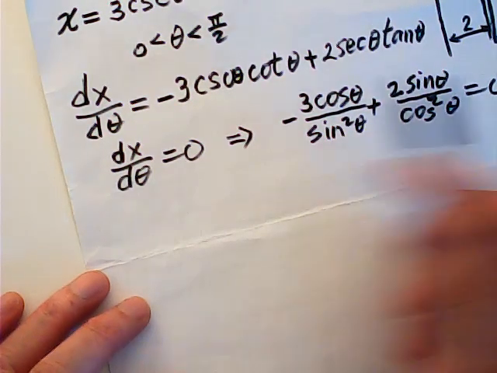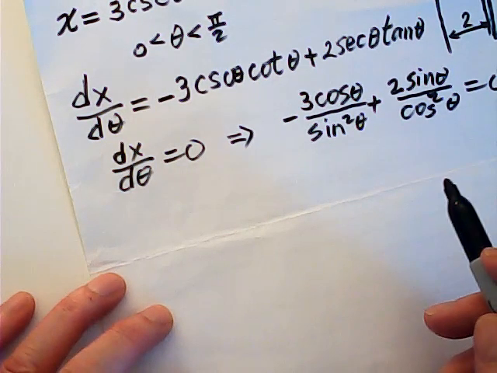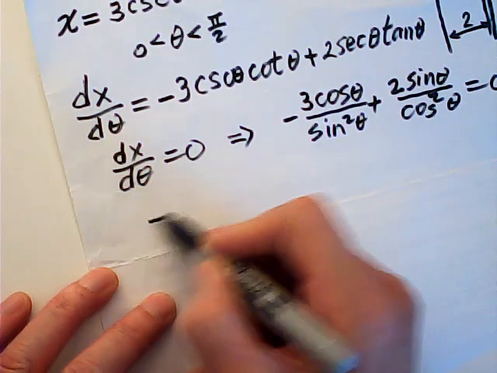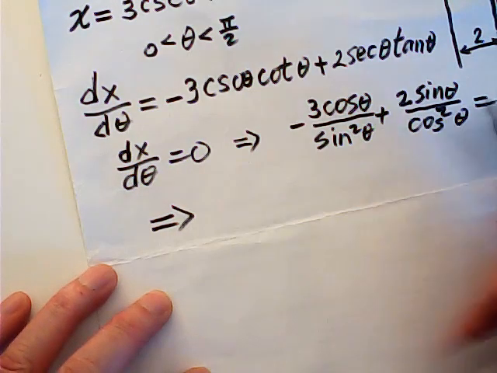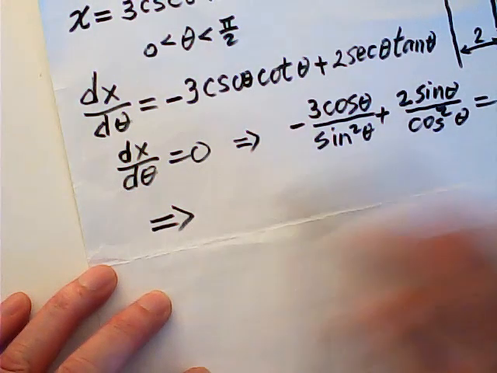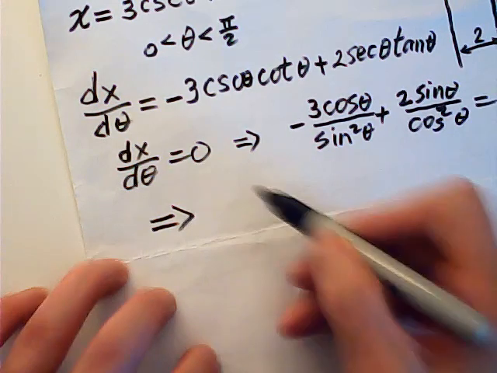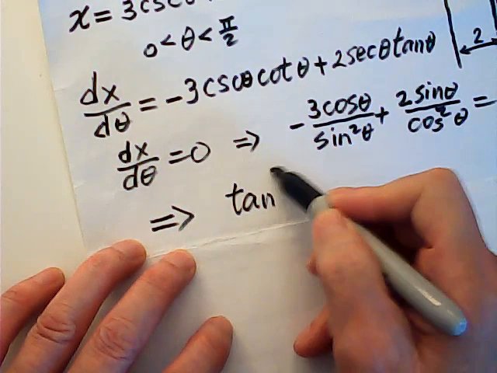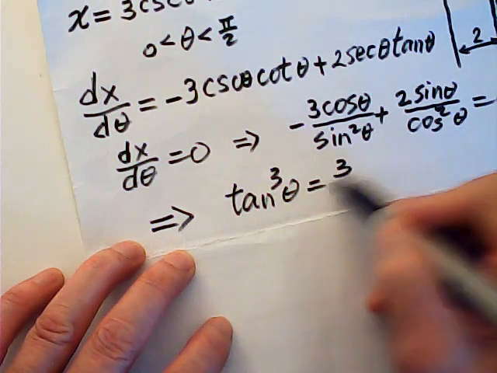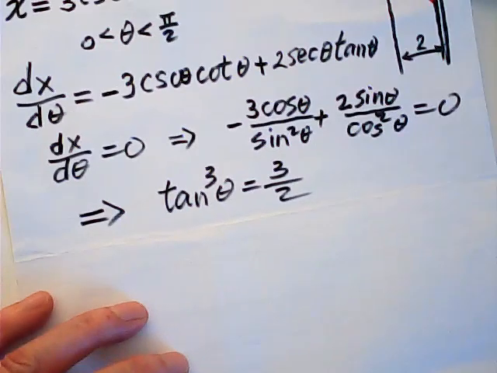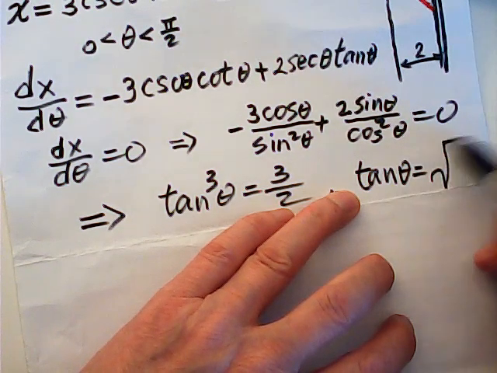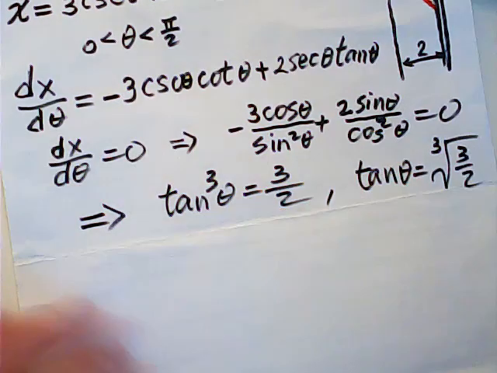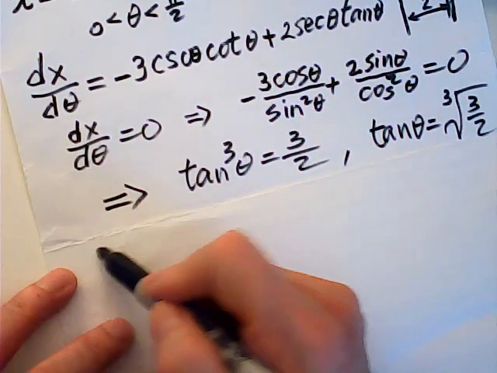You know, the calculation is trivial. Establishing the function is the most important step. So from this we can find, let me jump over these calculations, that tangent cubed theta is equal to 3 over 2. So tangent theta is equal to the cube root of 3 over 2.